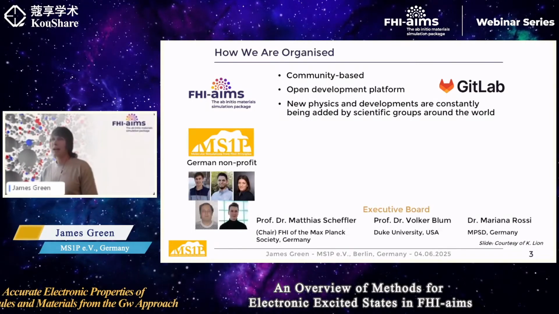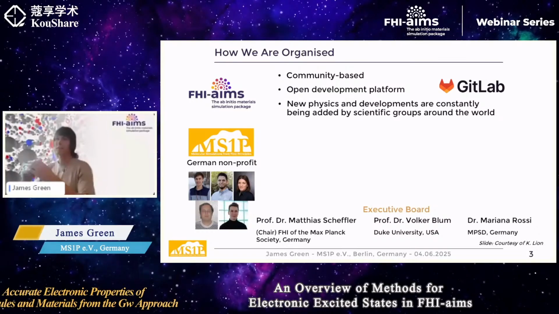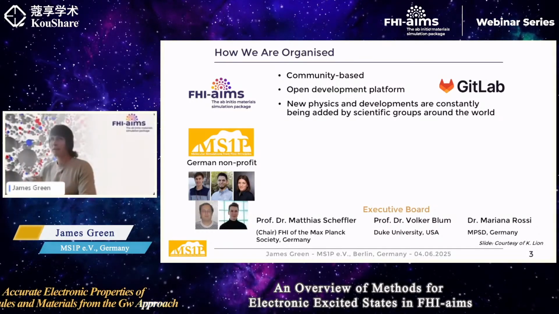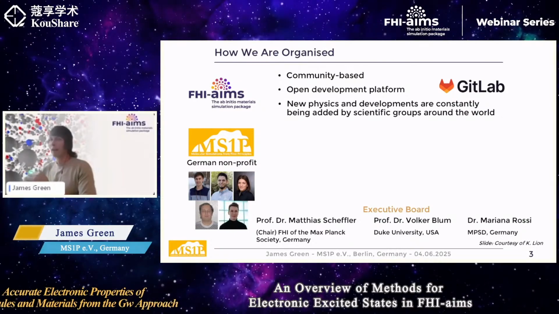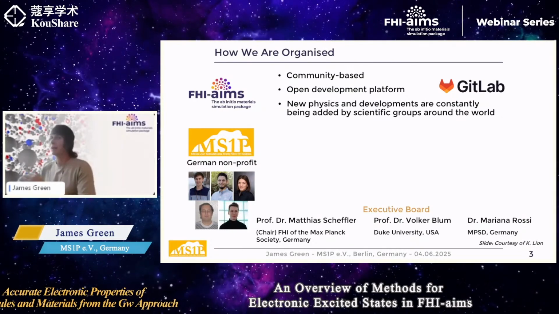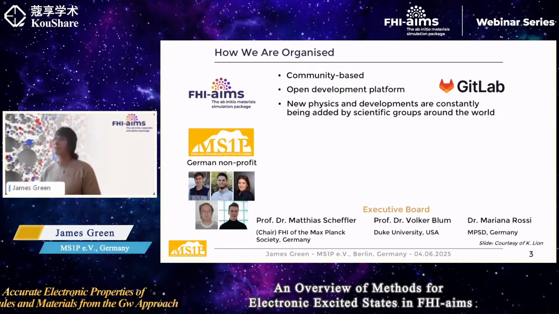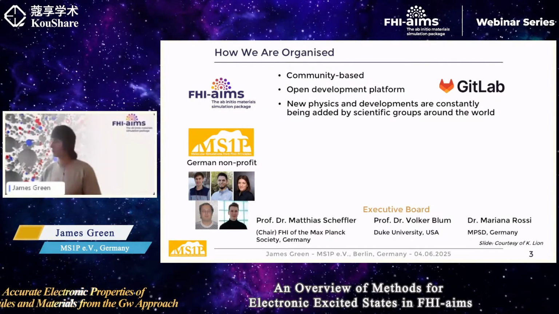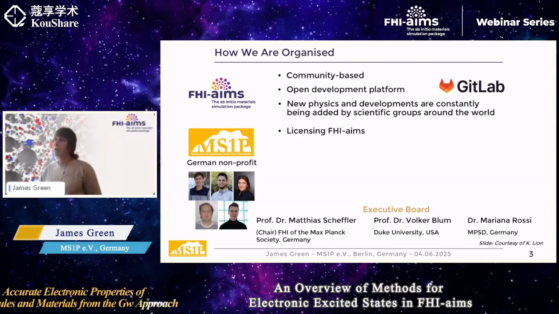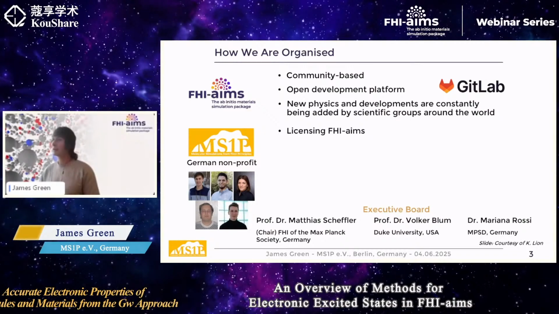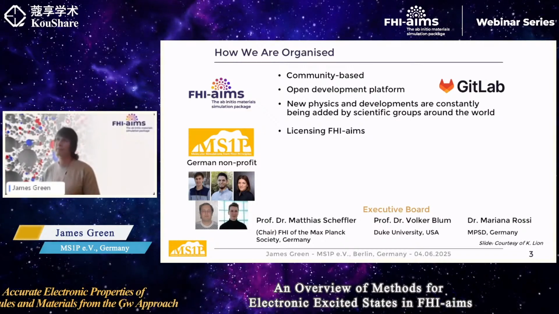And then how MS1P fits in with this. So we are a German nonprofit society with 5 employees plus an executive board. And we're essentially here to support this FHI-aims community and the code. So we're responsible for licensing FHI-aims both to academia and to industry.